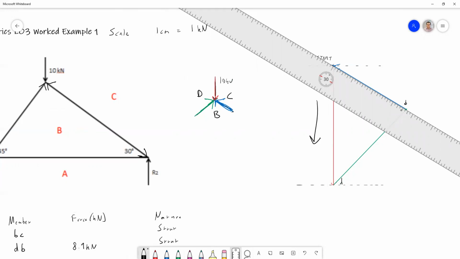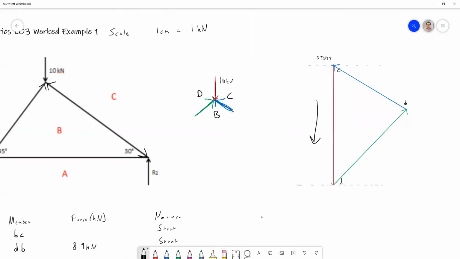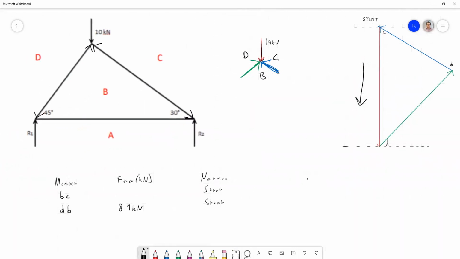That looks just more than 7 1/4, so that's 7.3. Maybe my line's slightly off, but DB should actually be 8.8 from the course notes. So since mine's close enough, I'll call it 8.8.